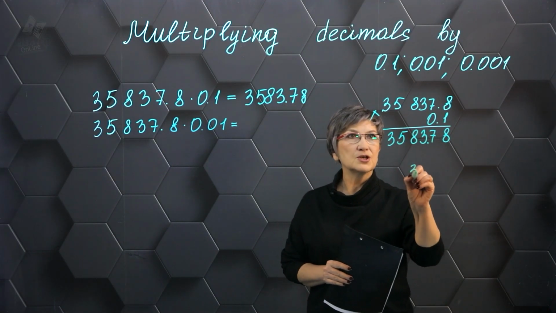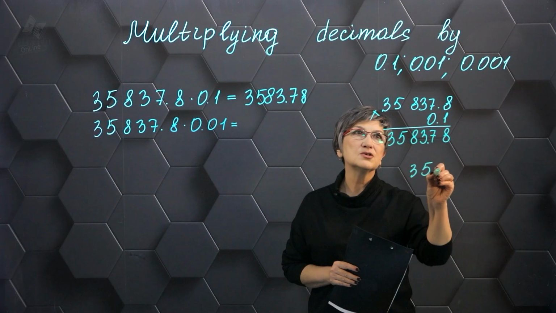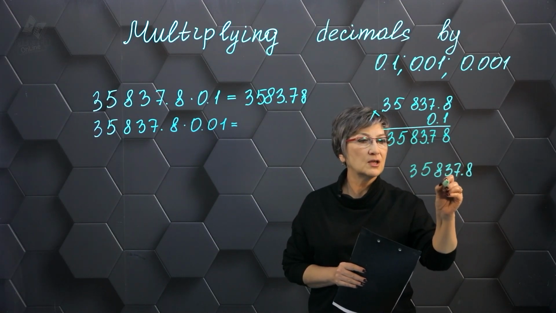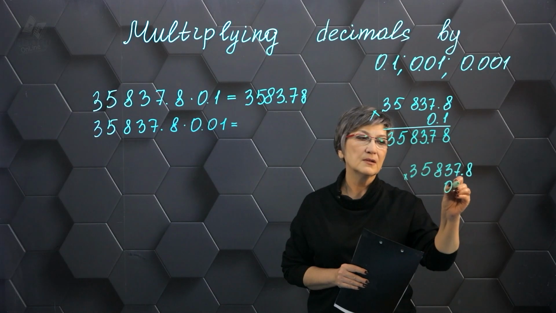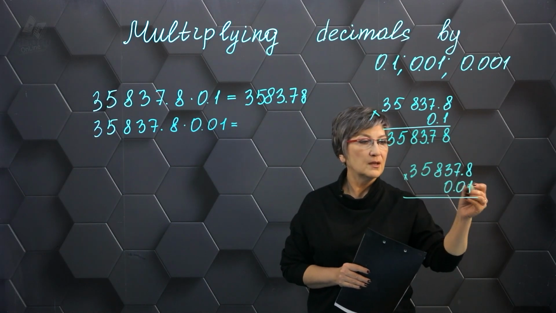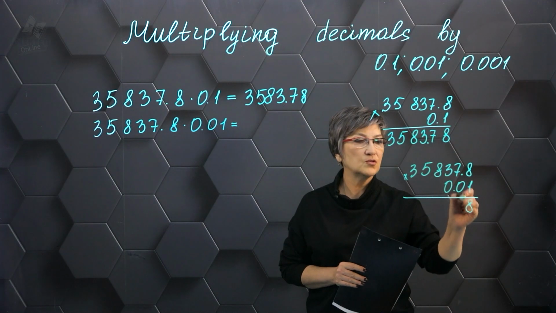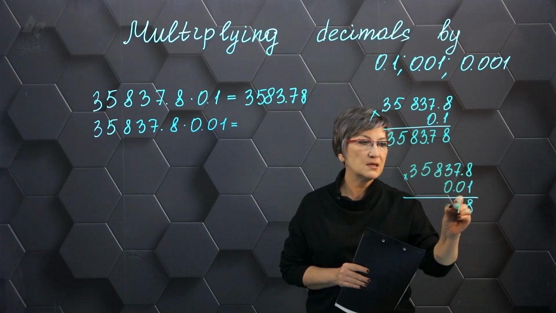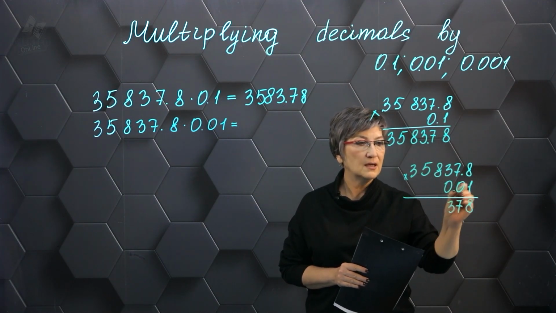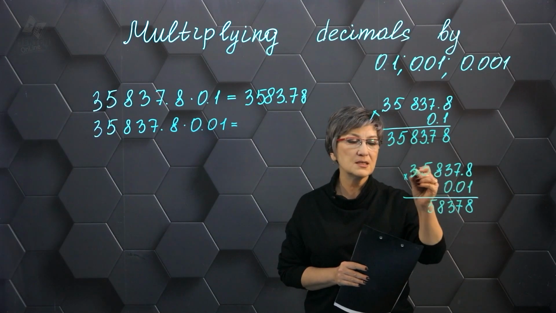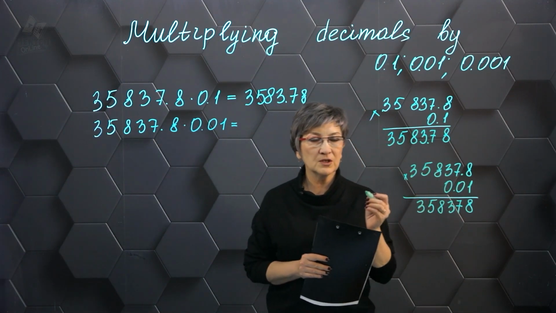So, what do we get? 35,837.8 tenths, I multiply by 0.01. When I multiply by 1, the resulting product remains the same. So multiplying 1 by 8 gives us 8, by 7 gives us 7, by 3 gives us 3, by 8 gives us 8, by 5 gives us 5, and by 3 again gives us 3.